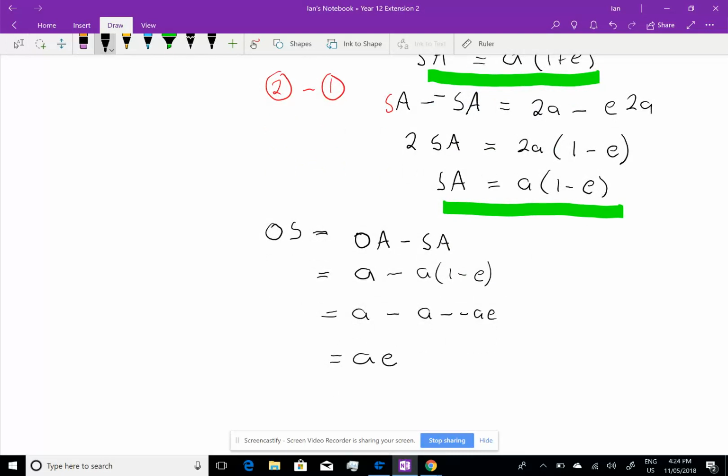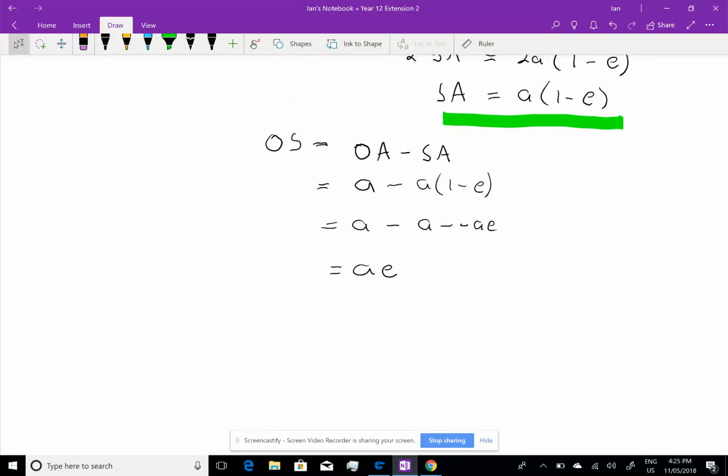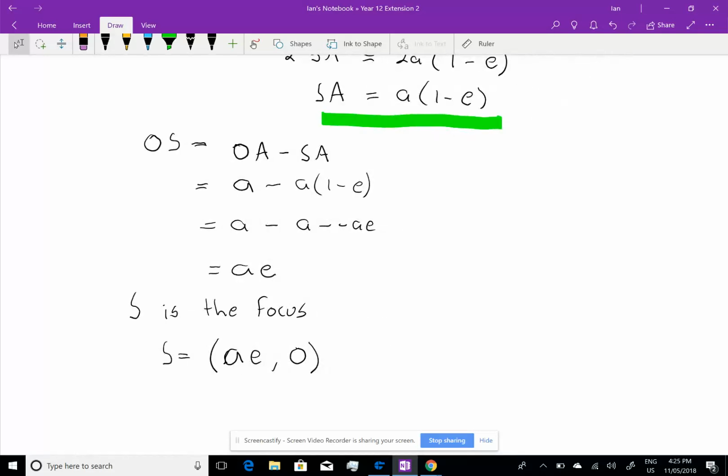And there we now have, because S is the focus, we now know that S is AE and 0, because it lies on the x-axis. So we've got the value for the focus in two constants, E being the eccentricity and A being the semi-major axis.